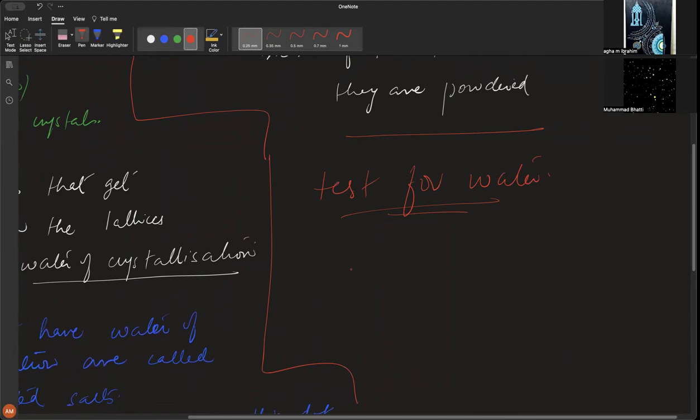Basically, when the hydrated salts are heated, you have to keep this in mind, they give off water of crystallization and they form powders, right?